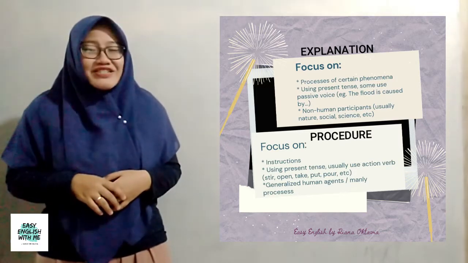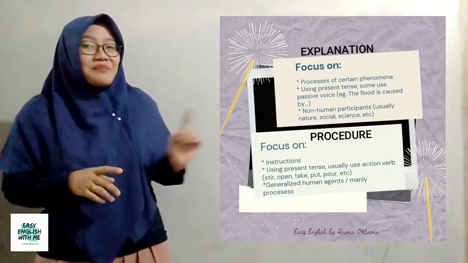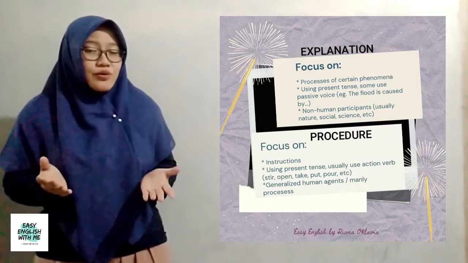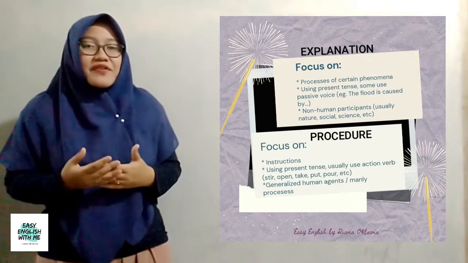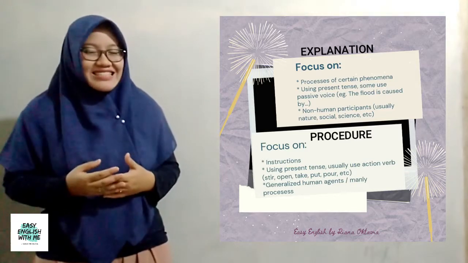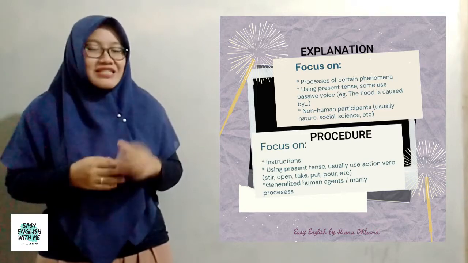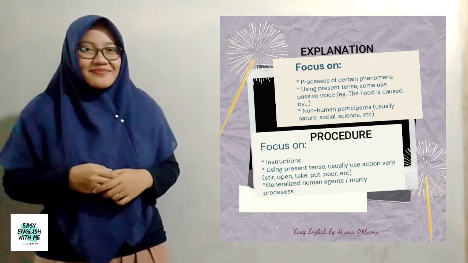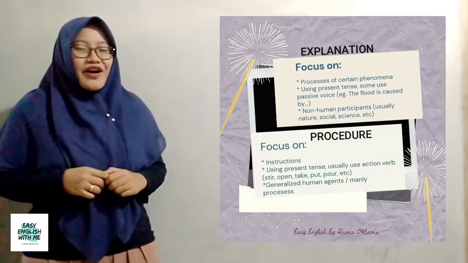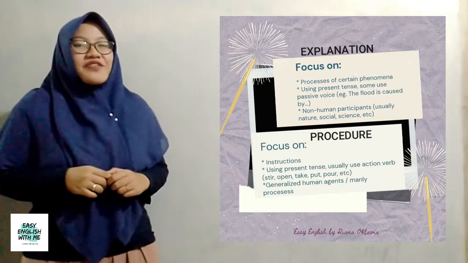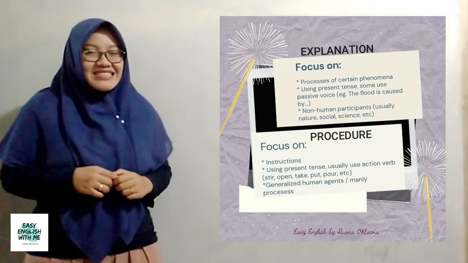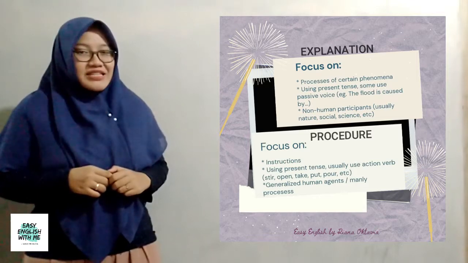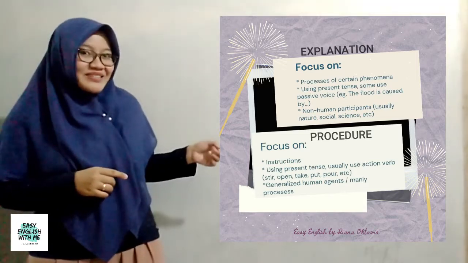What about procedure text? Yes, box number 2 is about procedure text. So, what is procedure text focus on? Yes, that's true. Procedure text focus on giving instructions. The next point of procedure text focus on using present tense. Usually use action verb. For example, you can see here.